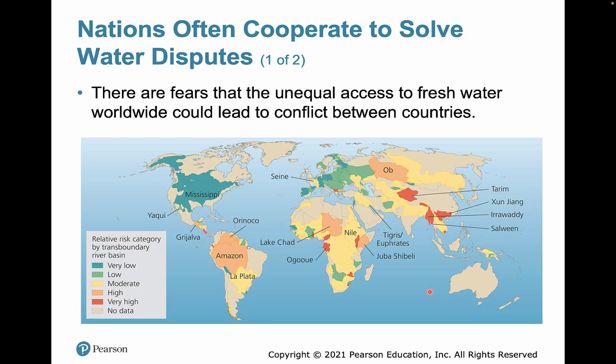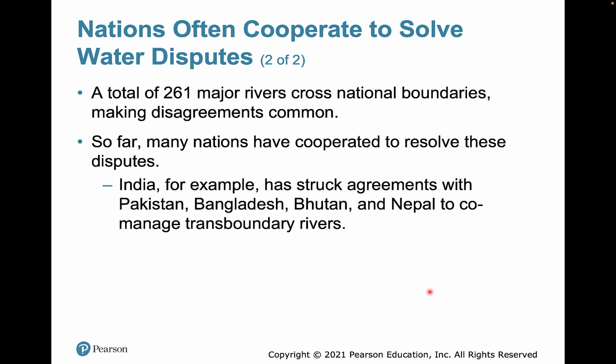Okay, there's a lot of area where there's water that is in conflict, okay, water that's disputed based on where that water is, and you can kind of see those here. 261 major rivers cross national boundaries.